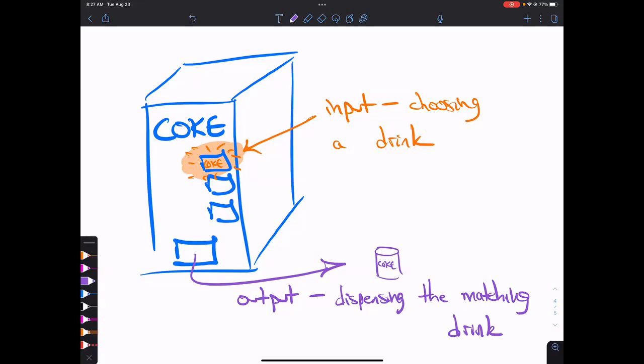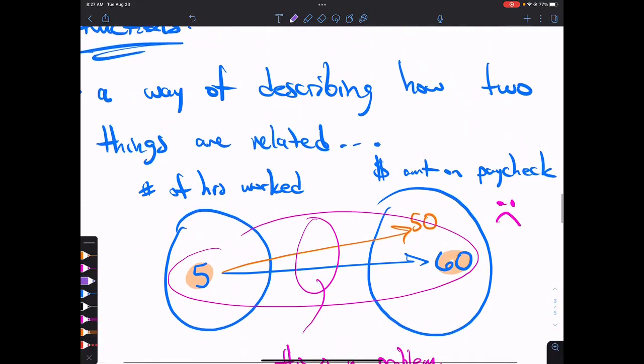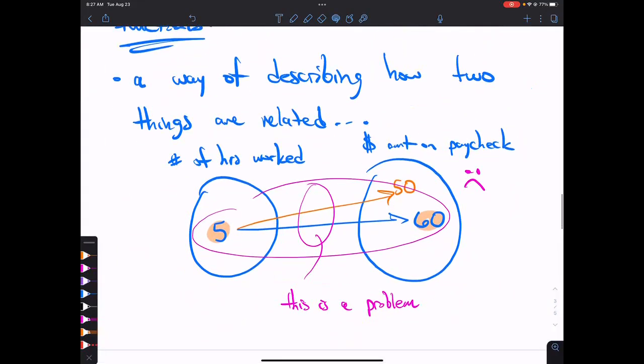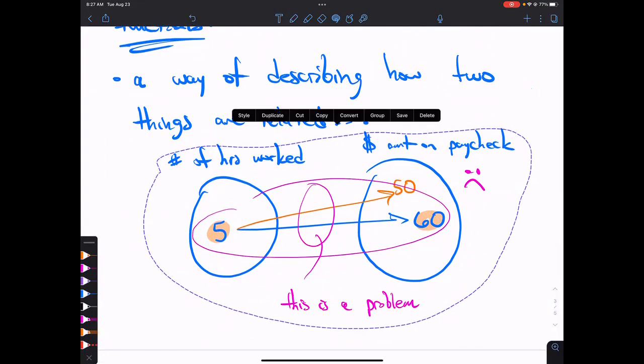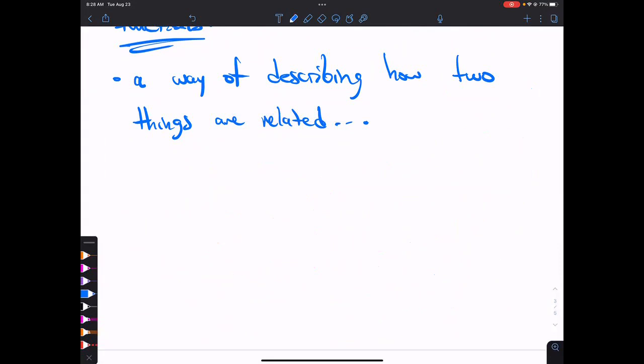Okay, so a function is a way of describing how two things are related, where we think of one thing depending on the other.